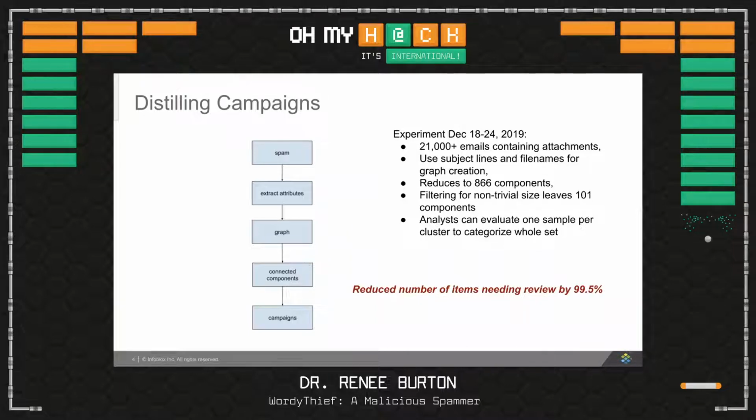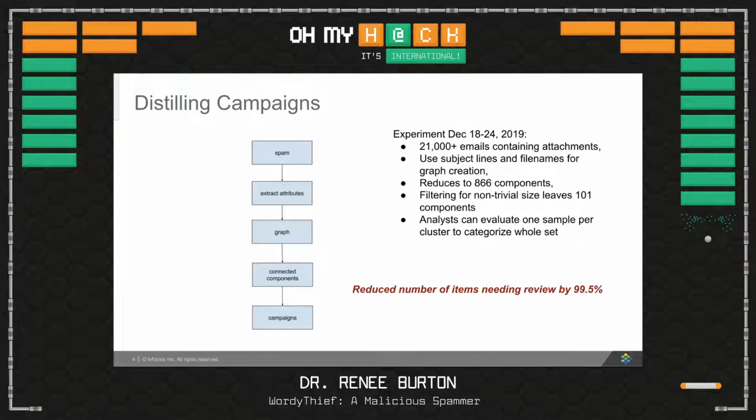So in this experiment that we did early on in December 2019, for example, we're using about 21,000 emails. These all contained attachments. They were specifically chosen, actually. So they're attachments, and they contain some degree of VBA in them. We use the subject lines and the file names for creating a graph.